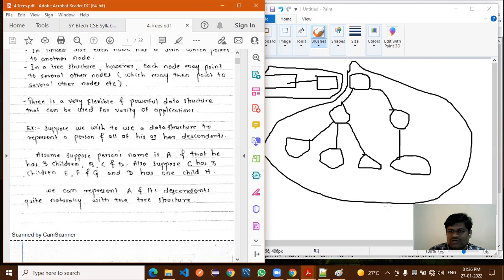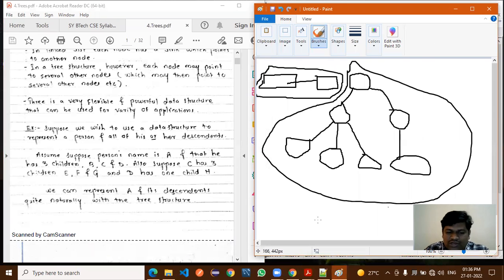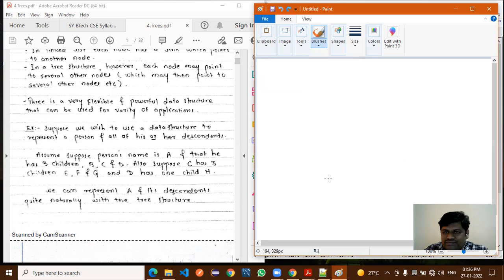We'll draw the tree diagram here. So A is our main parent. After that, A has 3 children. So which ones? 3 children.